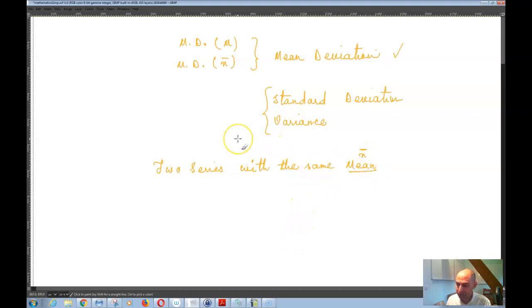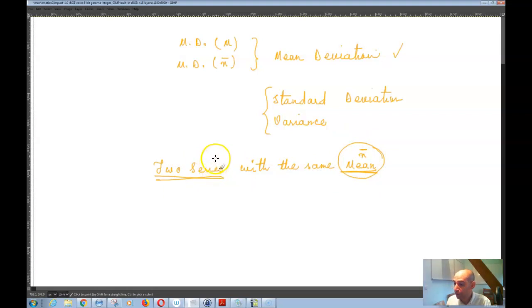Otherwise, it doesn't make any sense to compare them, because those measures of variability or dispersion are all numbers with respect to the mean of the data. But in case you have the same means for the two series, then of course you can compare them.